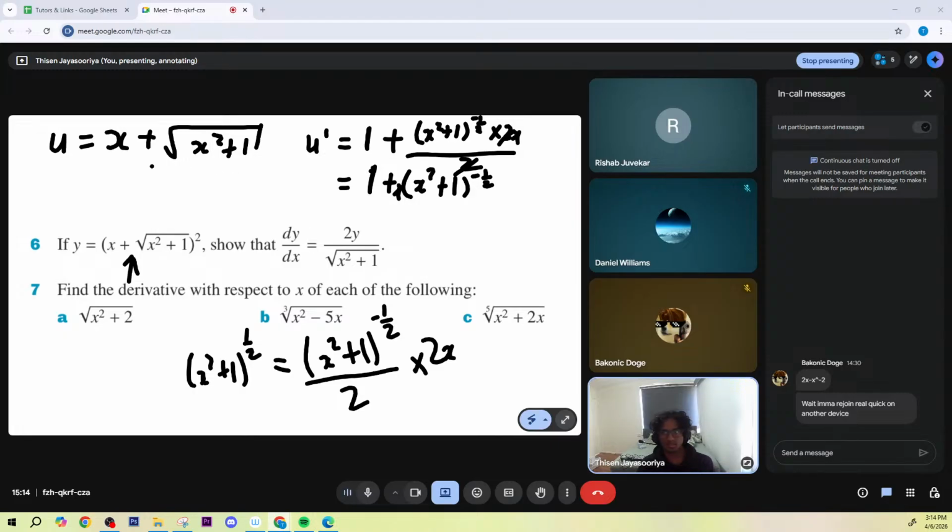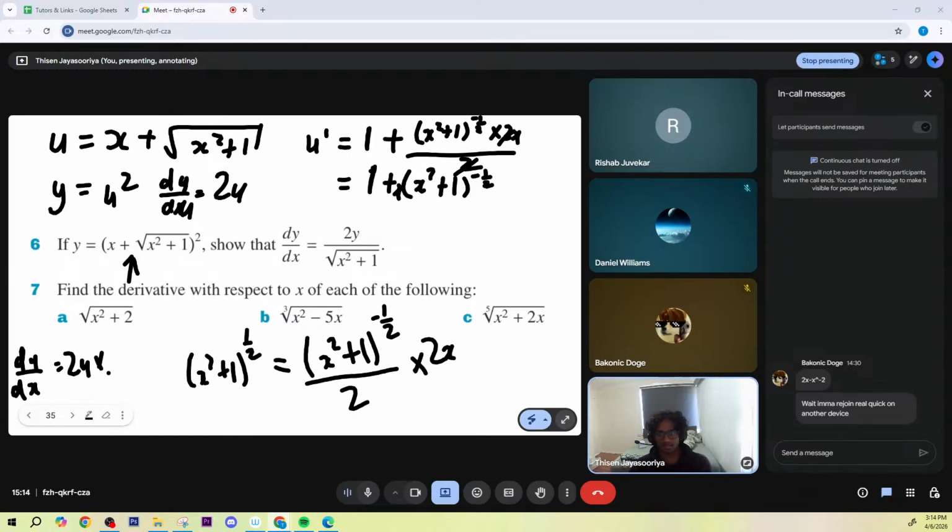And then from there, we know that y equals u squared, which means that dy on du equals 2u. So here that means we have dy on dx equals 2u times, brackets, 1 plus x over the square root of x squared plus 1.